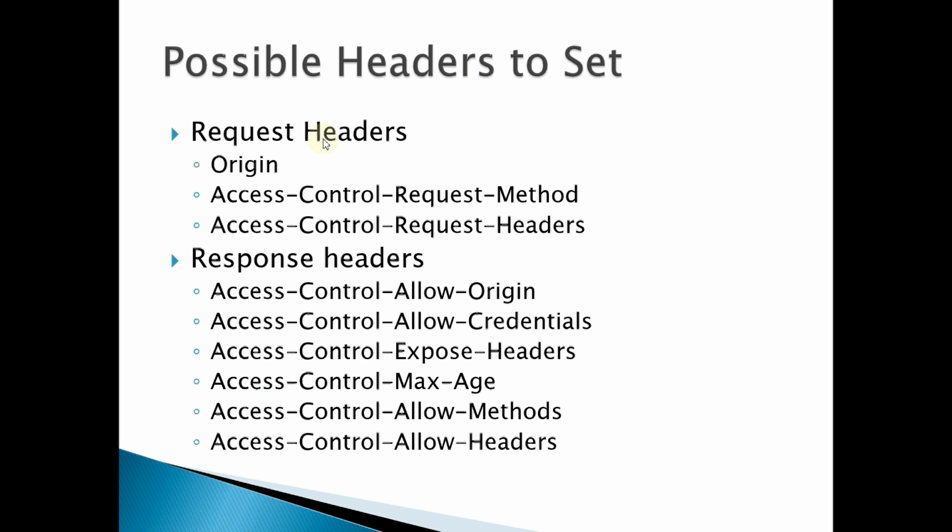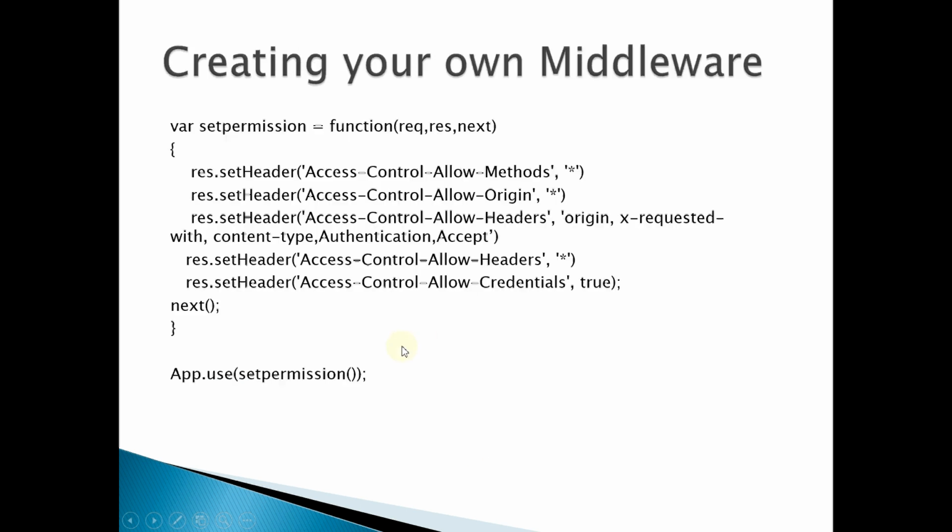On the other end, we can set the allowed origins, the credentials type, the headers, and the methods. These are all options which we can set. How can we set them? Just like this. This is a standard middleware which we can create in our application and use. In this middleware, we set permissions, request, response, and next.